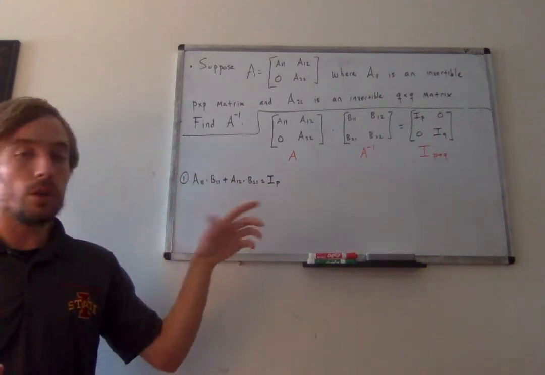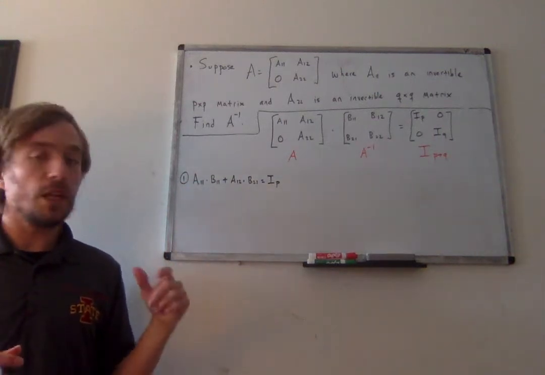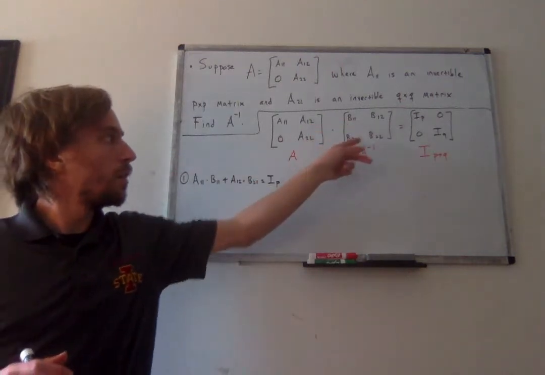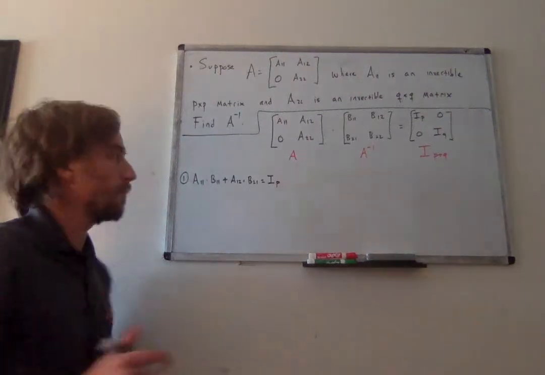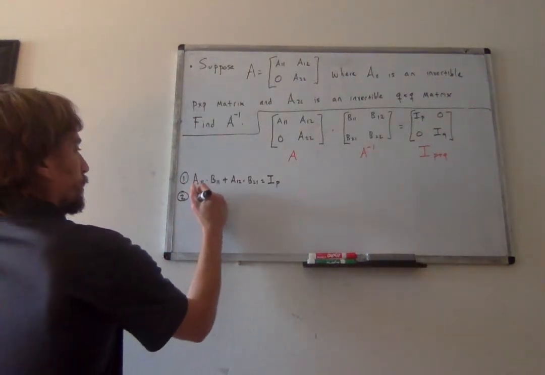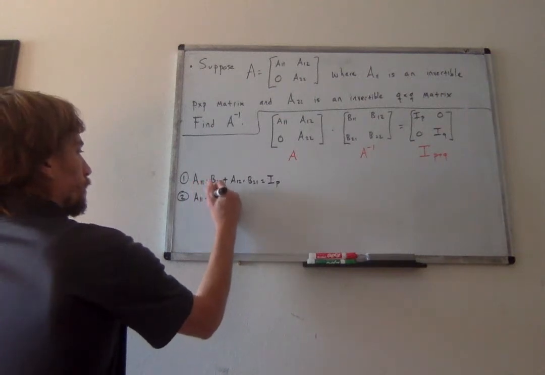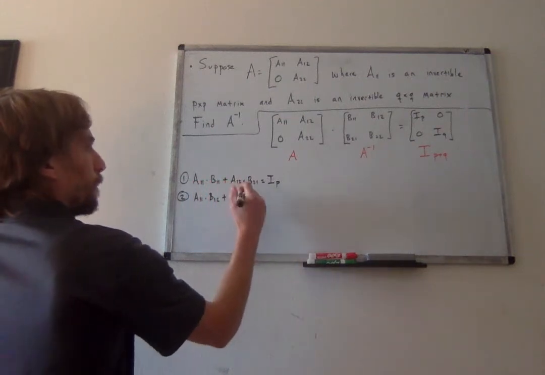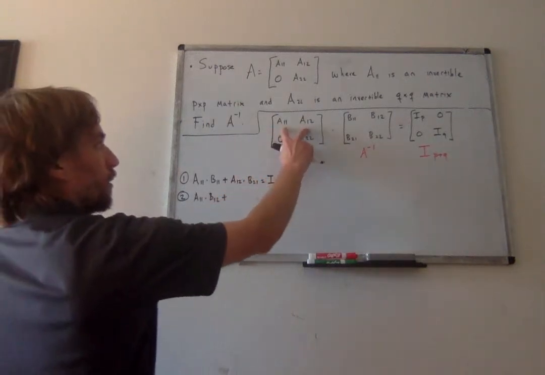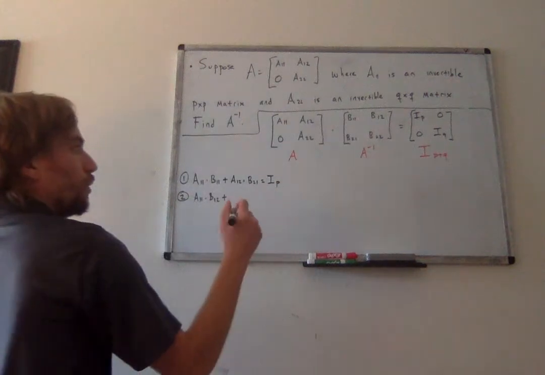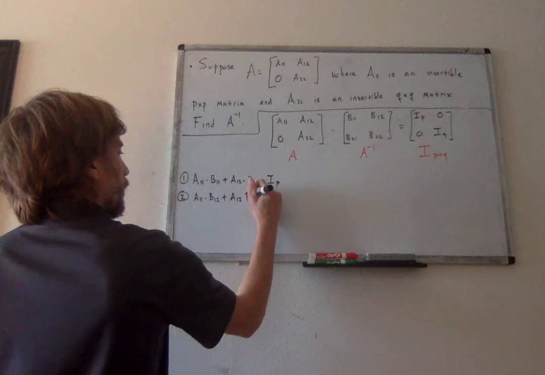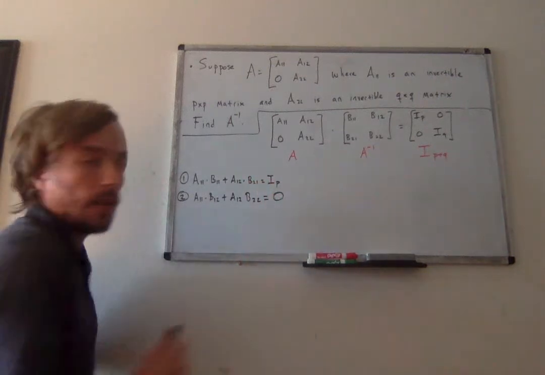We should have 4 more equations that are satisfied. And I think what we'll be able to do once we write out the 4 equations is sort of work backward and solve for each one of these entries. So next we've got A11, A12 matched up with B12, B22. That equals 0.